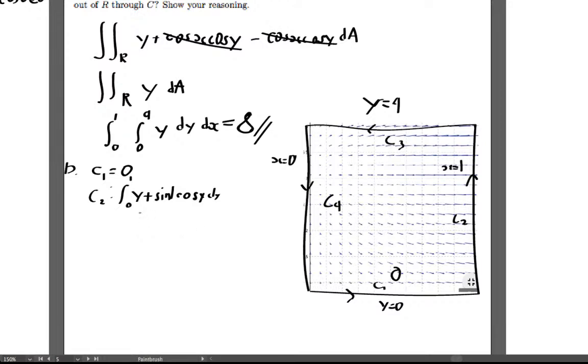Y, that's y squared over 2, that's half. And then cosine y, that would be sine y. Plug in 1, so you would get a half plus sine squared 1. Subtract the entire thing by what you get when you plug in 0, okay, that's 0.